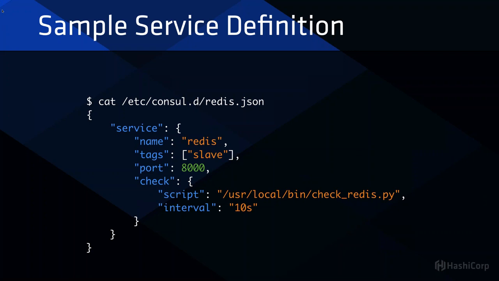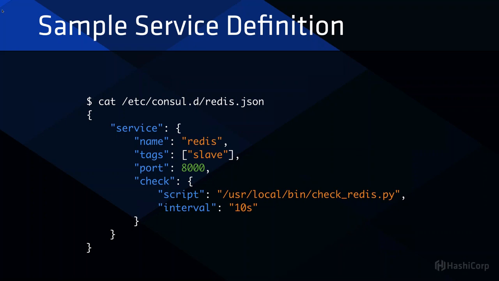You can find a Redis slave or a Redis master, and those can be manipulated from external systems if you want to reflect the current state. As we said before, you register a port number. And then in this example, we run a check Redis script that runs every 10 seconds. So whatever that Python script does to check Redis, it'll report back, and that's what will control the health of the Redis service according to this definition.